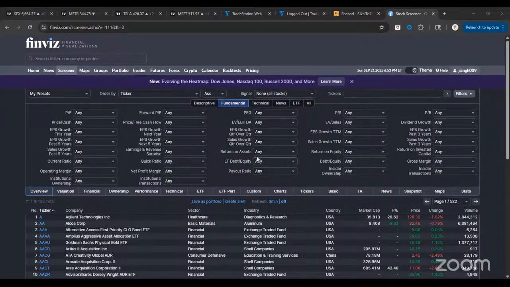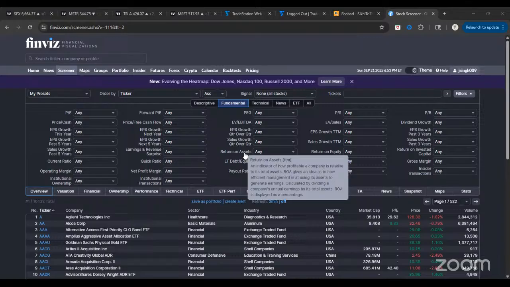Return on assets. I have no idea what return on assets is. I have somewhat of an idea, but somebody new. Okay, let's see what it says: an indicator of how profitable a company is relative to its total assets. If you don't understand that whole line, just focus on profitable. It's just telling you how profitable a company is.